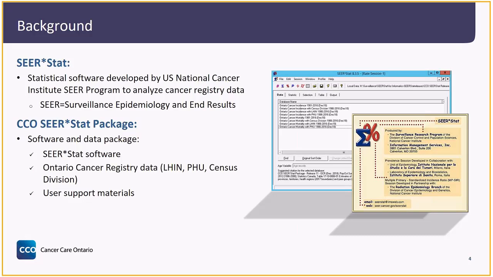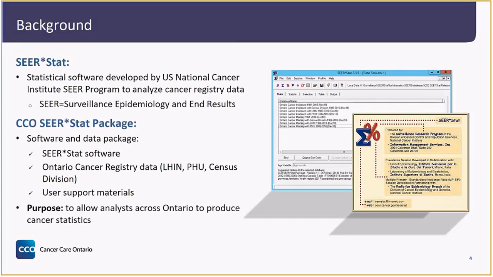The data files distributed with the CCO SEER Stat package are de-identified data from the Ontario Cancer Registry, and for the recent releases include historical Ontario cancer data from 1981 until the latest available year of complete incidence and mortality data. The purpose of providing our cancer registry data in this format is to enable and support analysts across the province to perform their own cancer burden analyses within their jurisdictions for the purposes of health system planning, management, and research.